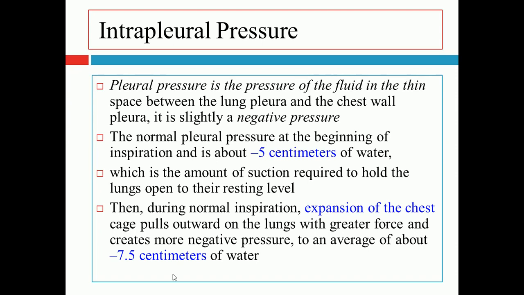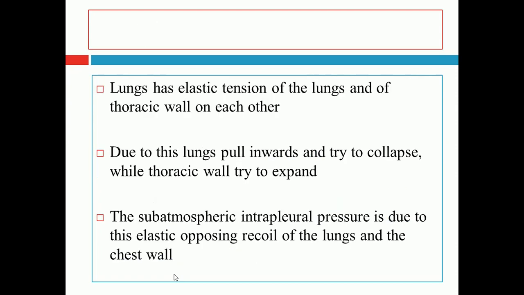So just remember that it is already negative, and it becomes more negative when you inhale, and when you exhale, it becomes less negative, but still it is negative. When you exhale, it is minus 5 centimeters, but when you inhale, when you take in the air, that becomes minus 7.5 centimeters.